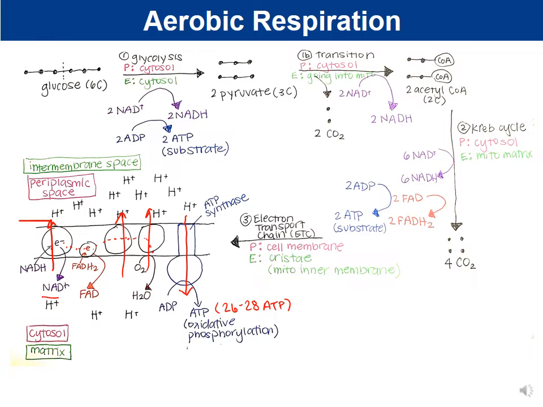Those other types of macromolecules can get converted into different components that can come in at different points in this pathway. So what you need to realize is that while we draw this with aerobic respiration using glucose, glucose is not the only food source. Other types of food that we eat can also help drive this process. It just does it in a slightly different manner.